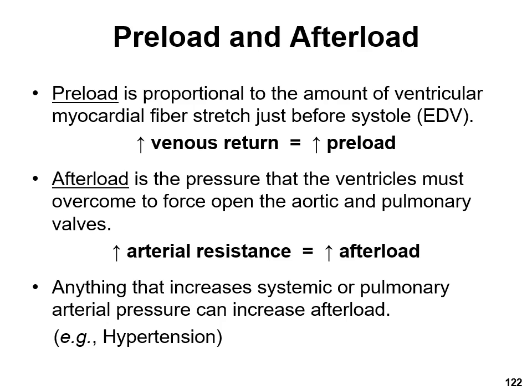Afterload, again, is the pressure that the ventricles must overcome to force open the aortic and pulmonary valves. More arterial resistance means more afterload. Anything that increases systemic or pulmonary arterial pressure can increase afterload.